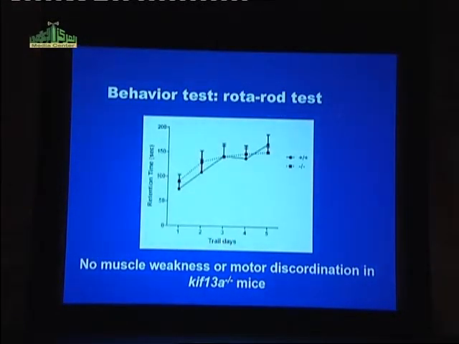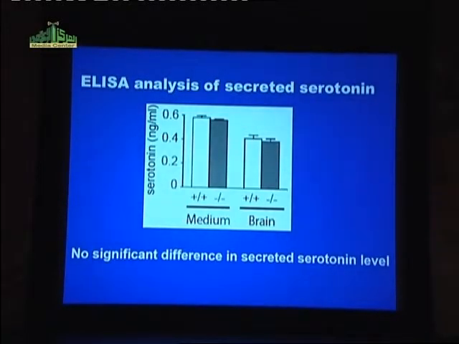But rotor rod tests show no motor discoordination. No problem with the motor. So we thought this could relate to the serotonin system, mood control. First, we examined the serotonin secretion. That was not changed.